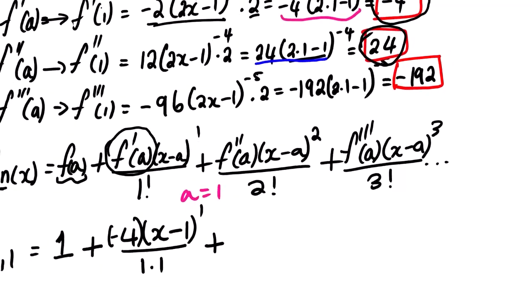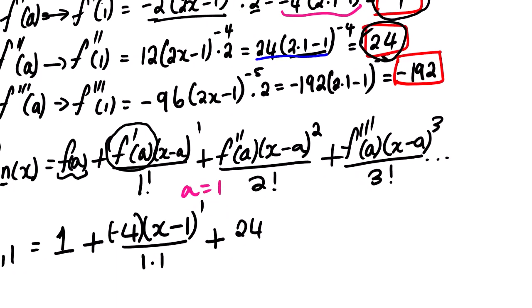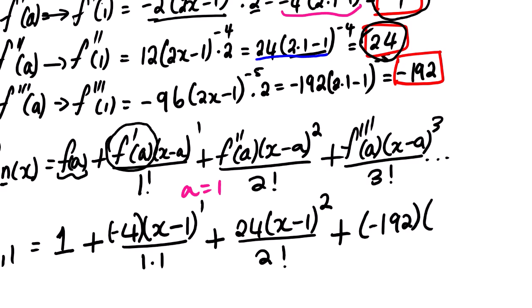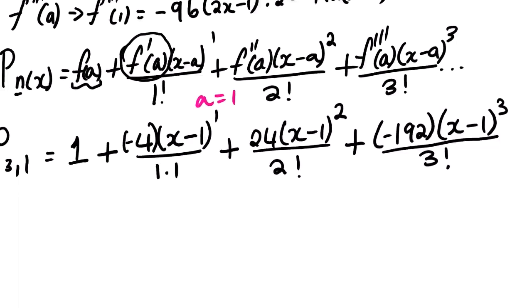We have 24 times (x minus 1) all raised to the power 2, and then we look at the second factorial, plus we have negative 192 times (x minus 1) raised to the power 3, and then we have third factorial, and then we can go ahead and simplify. We have 1 minus 4(x minus 1).